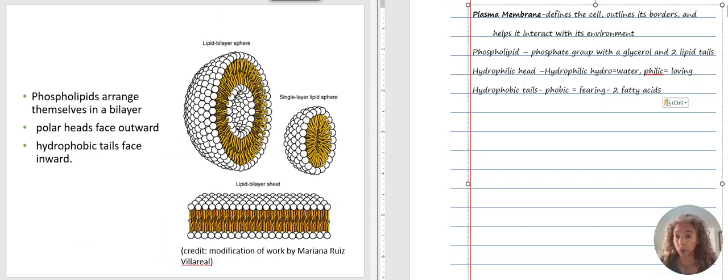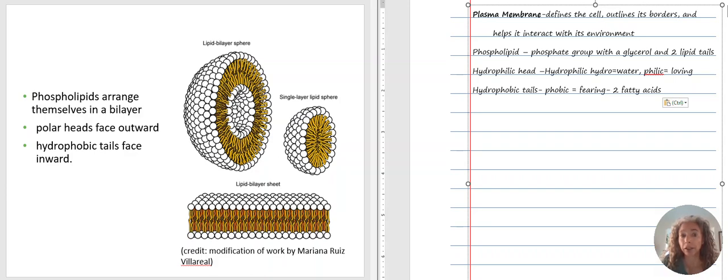And then once you put them all together and you see this phospholipid bilayer, you can see that they arrange themselves so that those heads are facing towards the liquid, either outside the cell or inside the cell. And then those hydrophobic tails are going to be faced inward of that bilayer. And you can see the orientation here.